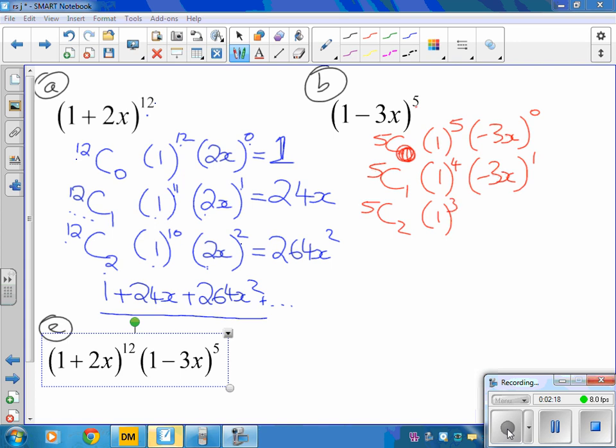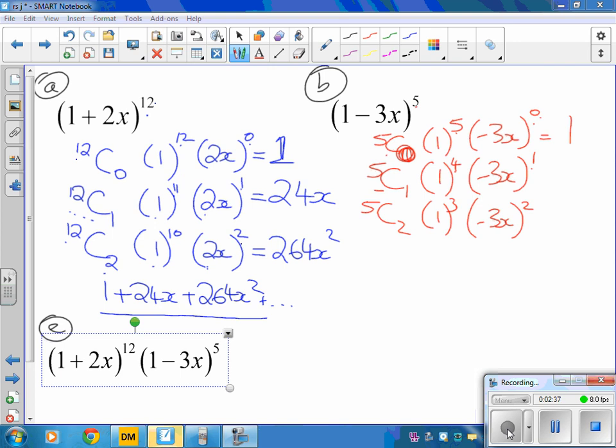So look, they go 5, 4, 3, and 0, 1, 2 each time. And each time again, look, these two add up to 5, 4 and 1 is 5, 3 and 2 makes the 5.